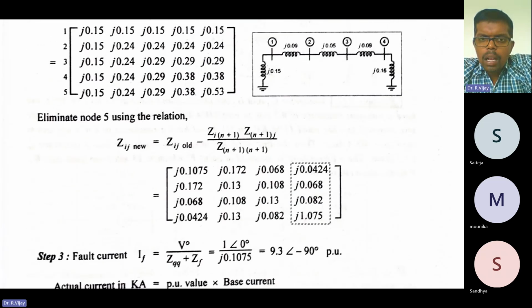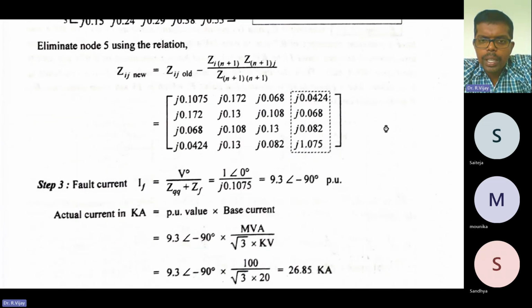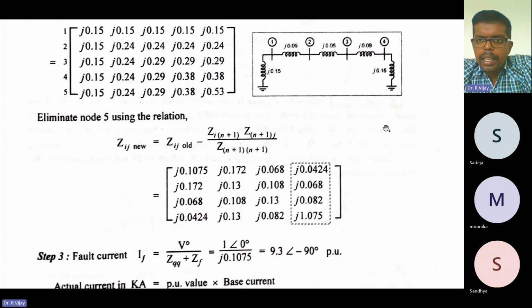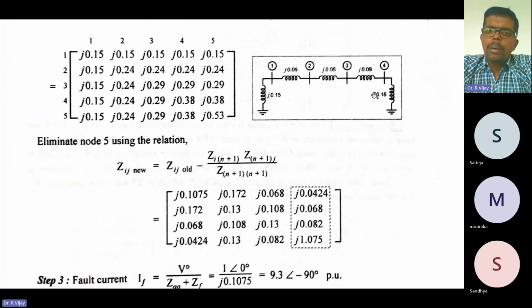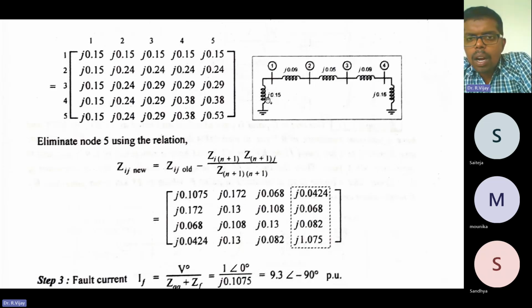Now, what we need to do is, all these elements are connected in series: j into 0.15, j into 0.09, j into 0.05, j into 0.09, all connected in series.